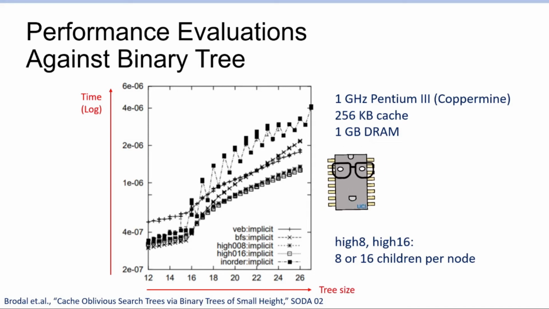So maybe the best idea would be to simply use a B tree with a high number of node sizes, either 8 or 16 children per node. And that's absolutely a valid solution to make. Indeed, if you were dealing mostly with in-memory algorithms on Intel x86 machines, I think that would pretty much be the correct way to go.